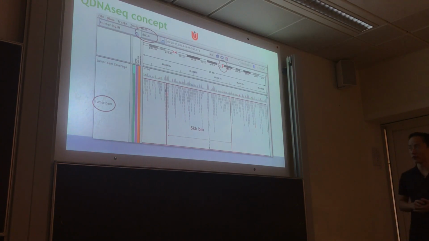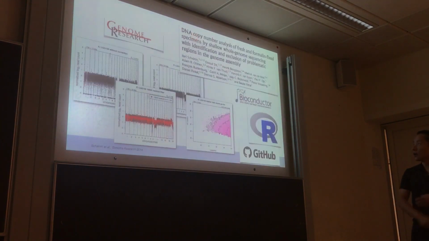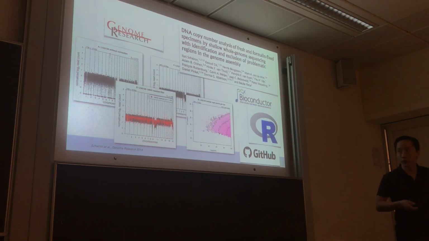Not by hand, of course, we have nice scripts for that. And we implemented that in this nice little publication in Genome Research, where we took that little idea, applied some neat tricks to make the data more analyzable, and that's what Eric will tell you about in a moment.